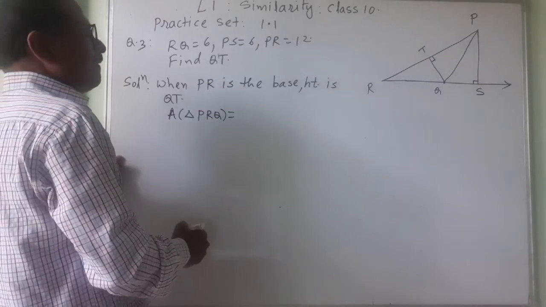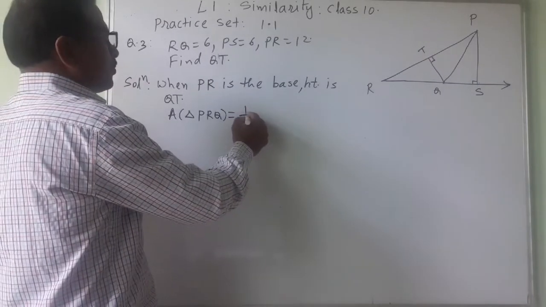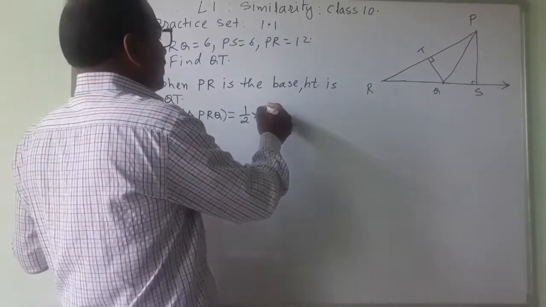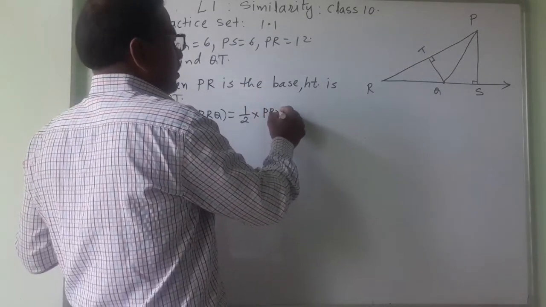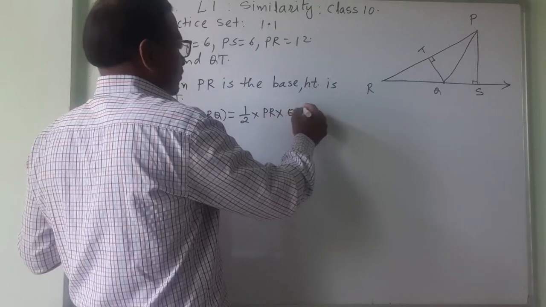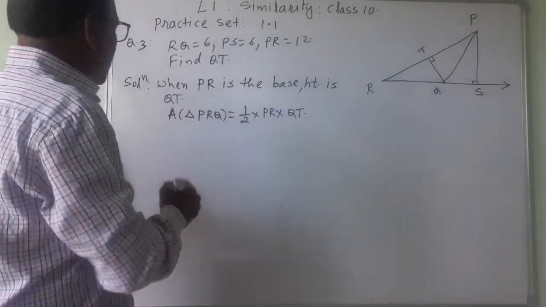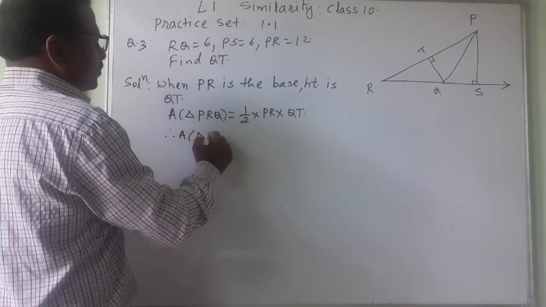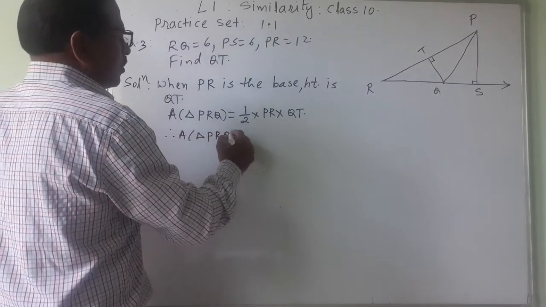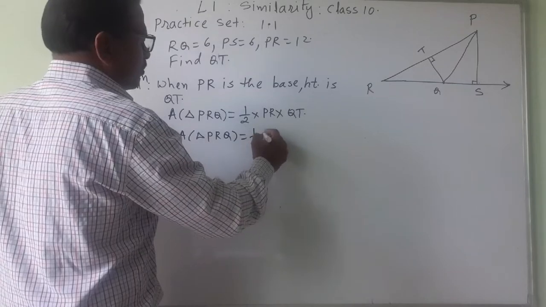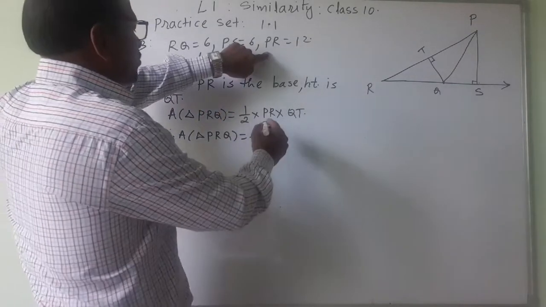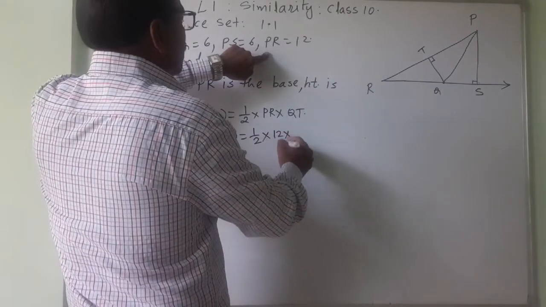Area of triangle PRQ is 1 upon 2 into base, PR is the base, into height, which is QT. Therefore, area of triangle PRQ is equal to 1 upon 2 into PR, which is given to be 12, into QT.